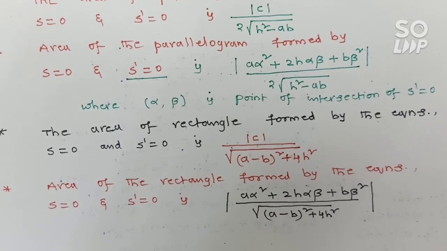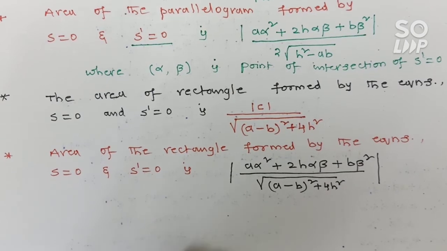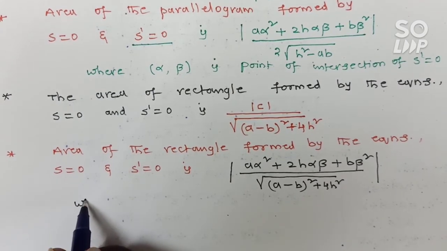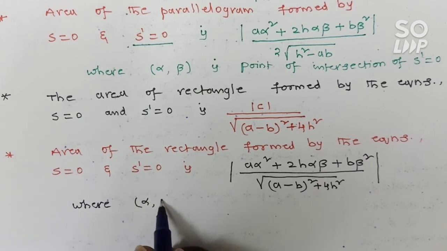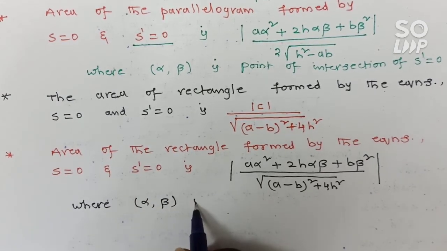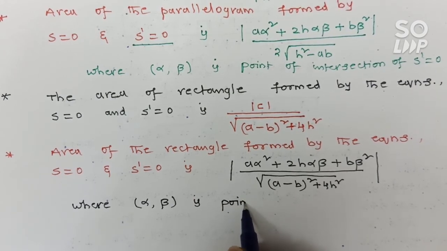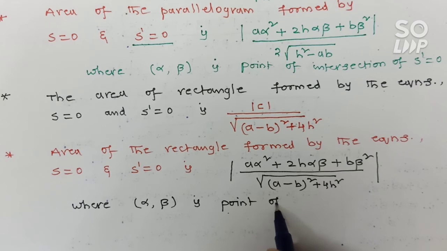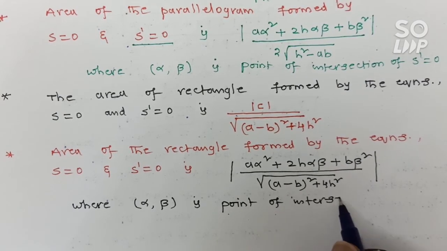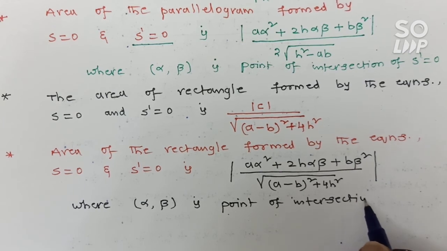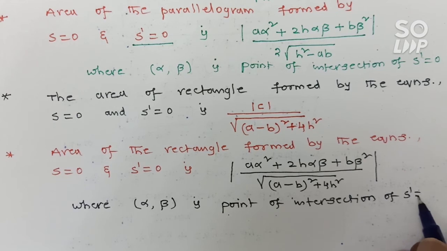In this formula also, alpha comma beta is the point of intersection of S dash equals 0.